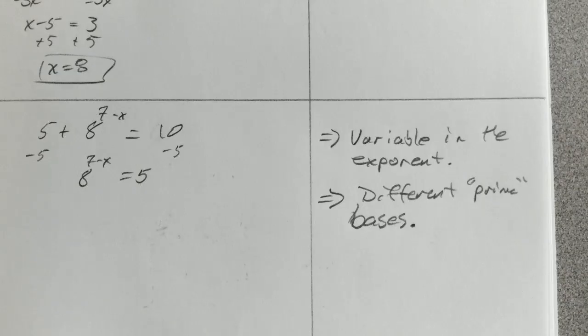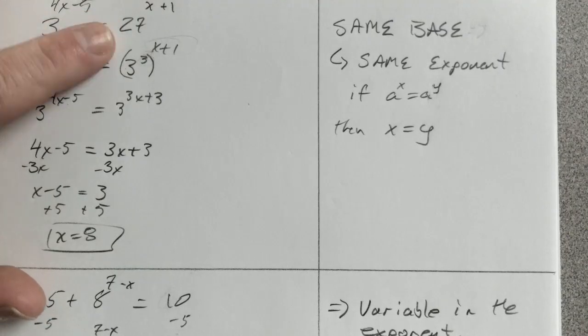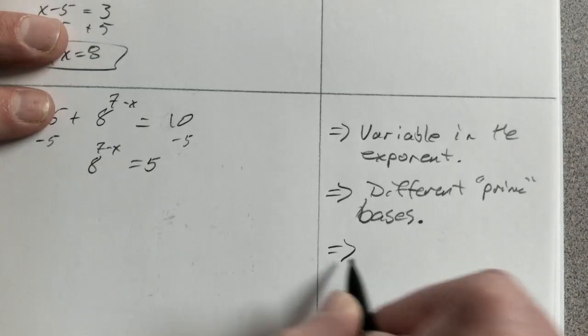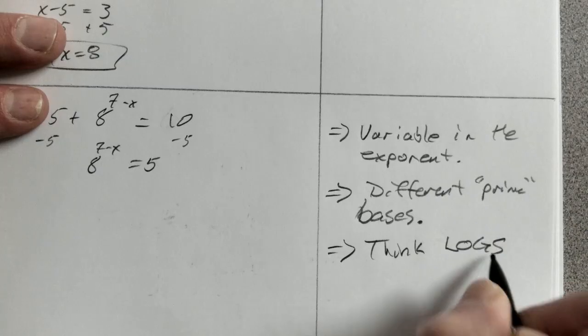But I'm talking about the most basic form. On that last problem, the prime base of 27 is 3, the basic base there. So if you have variables in the exponent and you cannot match your bases, I would need you to think logs.